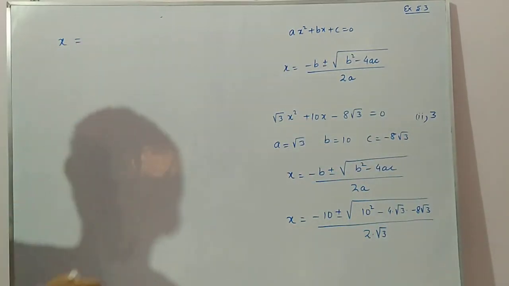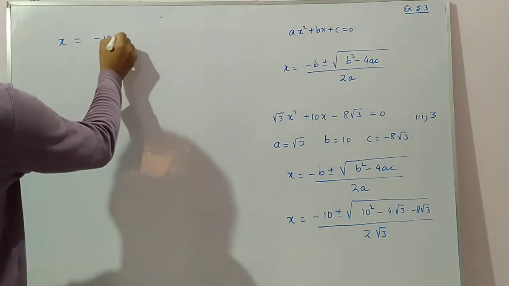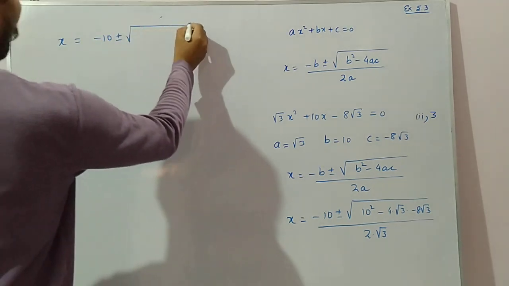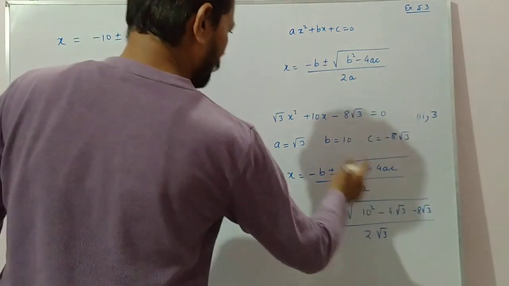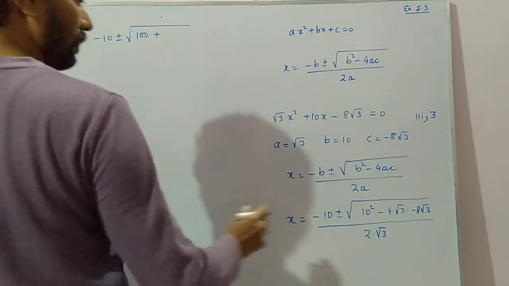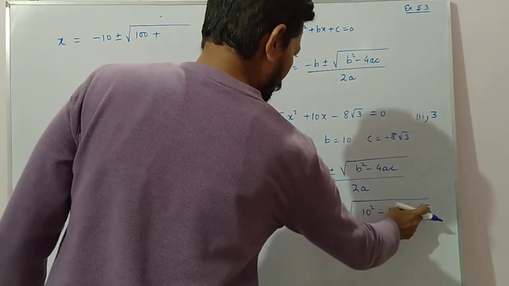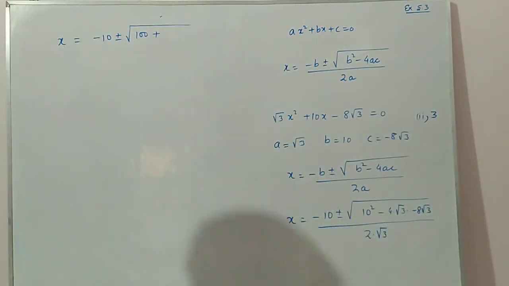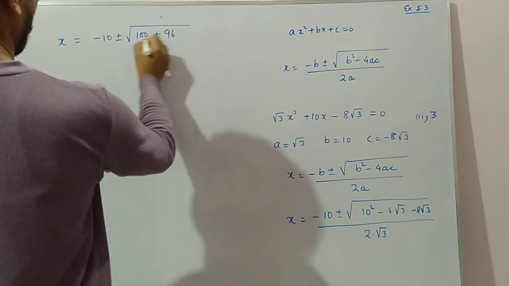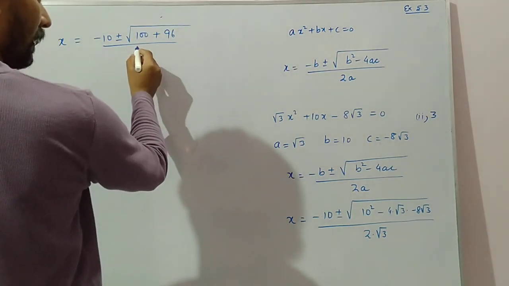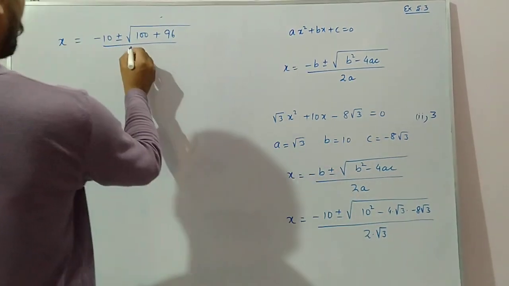x equal to minus 10 plus or minus root over b square, that is 100, minus minus plus, okay, 8 into 4, 32, and 32 into root 3 into root 3, that is 3, 32 into 3, that is 96, by 2 into a, 2 root 3.